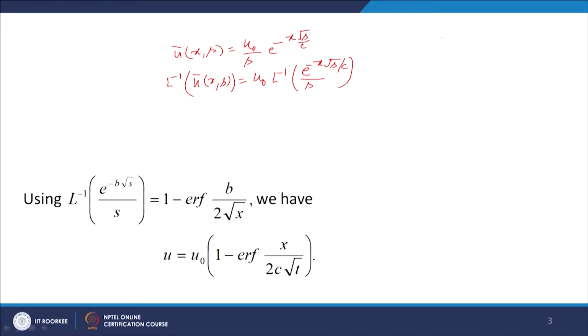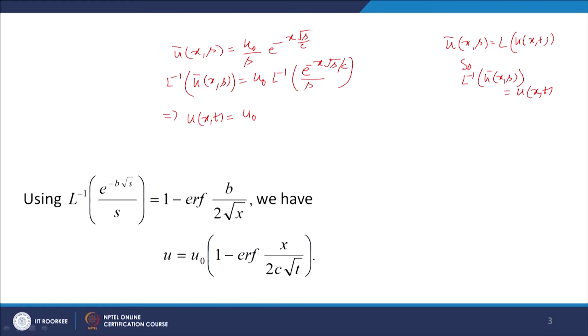And now let us note that ū(x,s) is equal to the Laplace transform of u(x,t). So, L⁻¹ of ū(x,s) will be equal to u(x,t), and therefore, this will give you u(x,t) equal to u₀. Okay. Now, let us compare here. We have √s into b replaced by x/c. Here we will put x instead of b, because here we had the function of x.